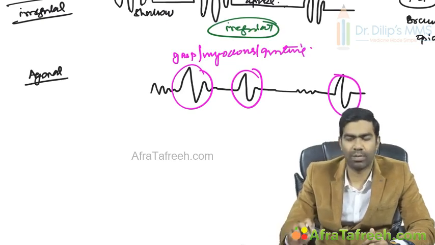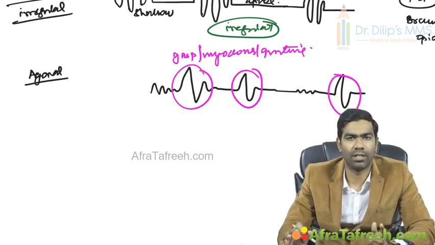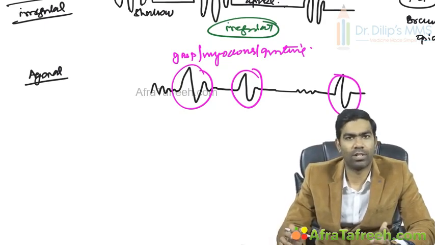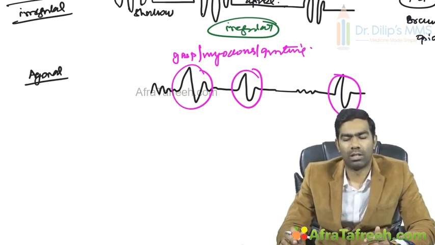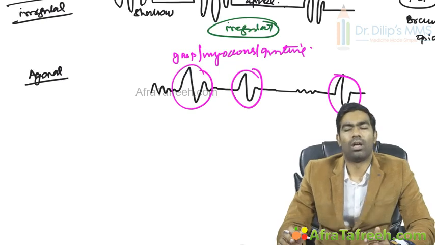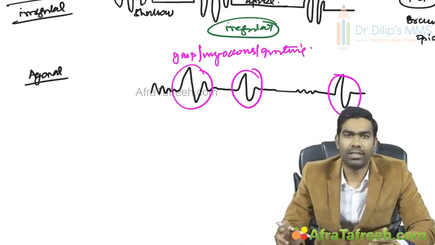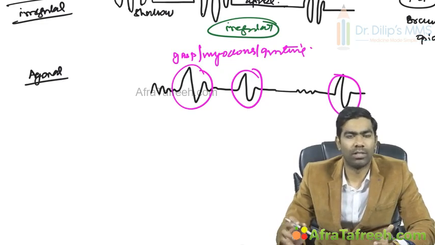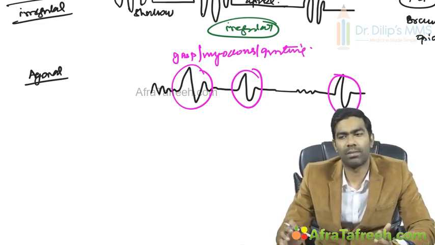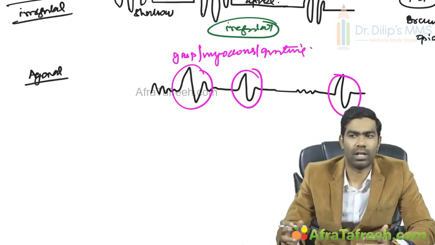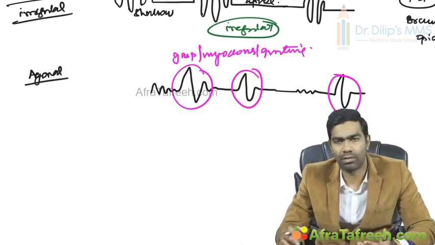This sudden kind of breath with respiratory fibrillations is what we call agonal respiration. Typically, you saw the gasping. This is one kind of agonal respiration. So this is actually a pre-terminal rhythm, which means the patient might die in some time. It might take even hours, but it's a pre-terminal rhythm.